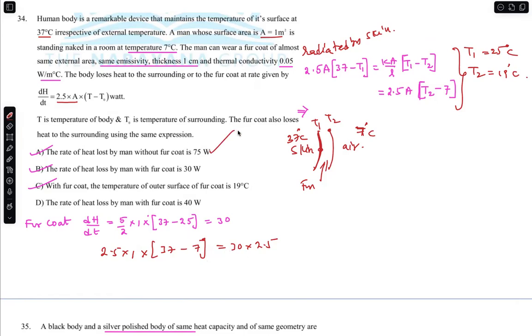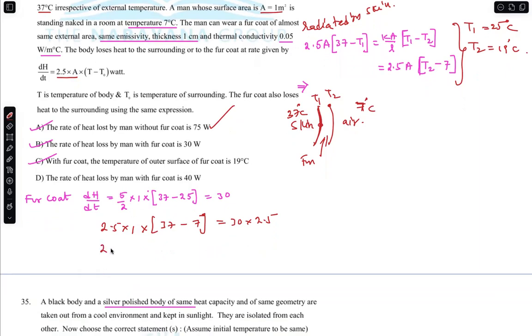75 watt, correct. The rate of heat lost by the man with fur coat is 2.5 into 1 into 37 minus 25. What is this? Nearly 12. 12 into 2.5, 30 watt, correct.